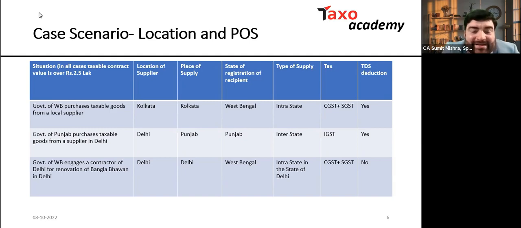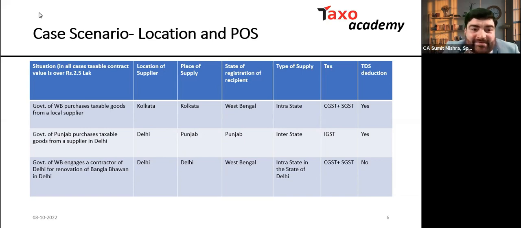If it is charging CGST, the tax will be retained by the state government of Bengal. In the second scenario, since the Delhi supplier will charge IGST, by virtue of place of supply the tax will reach the state of the recipient, like Punjab. But in case of the third transaction, the tax is retained by the state of the supplier.